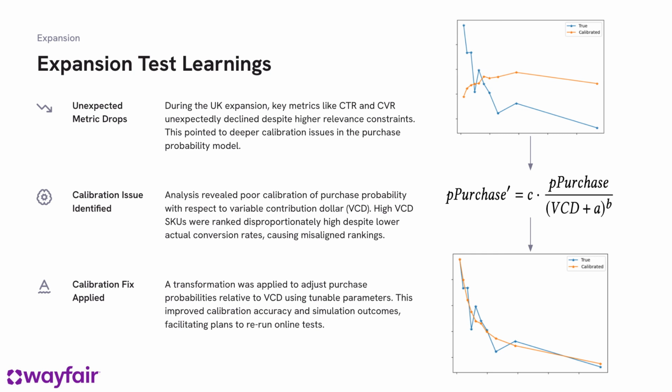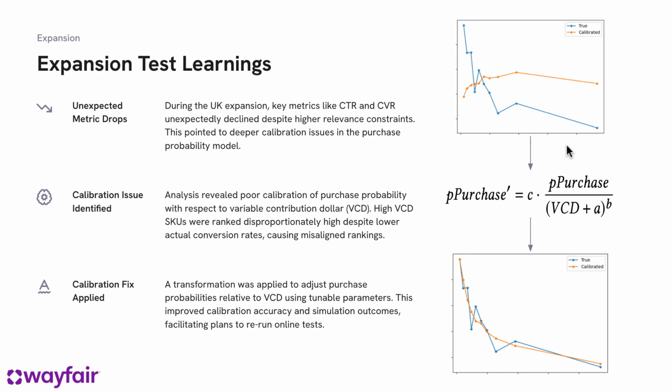After successful launch in the US, we expanded the new ranking to the UK, but saw an unexpected drop in CTR and CVR metrics. Upon investigation, we found out that the issue is related to calibration of p-purchase with respect to VCD. We can see that in the top plot, the blue curve is the true purchase probability, and the x-axis is the VCD.